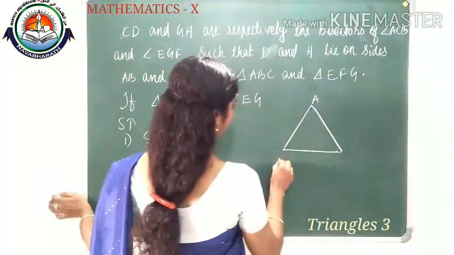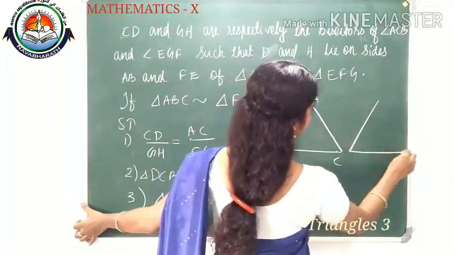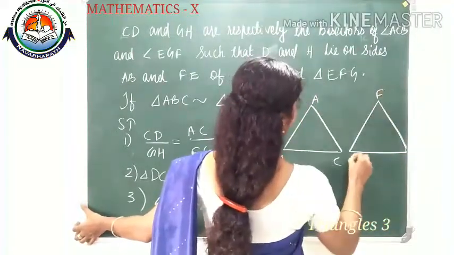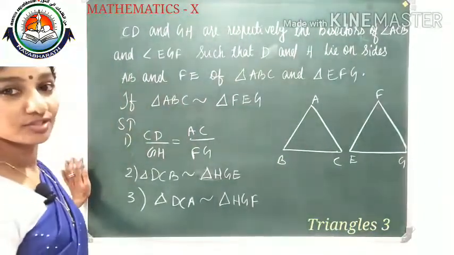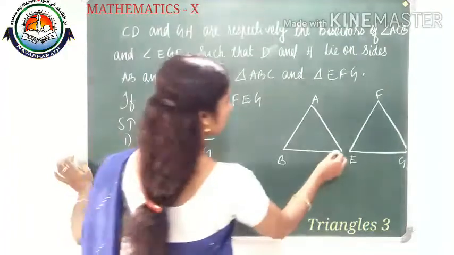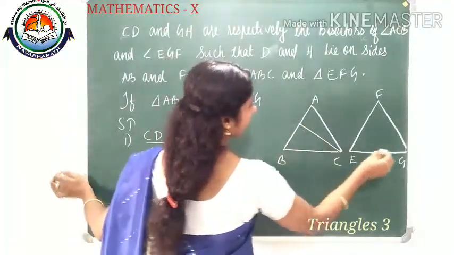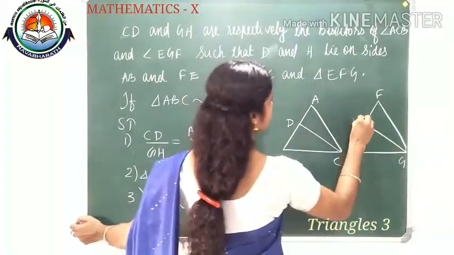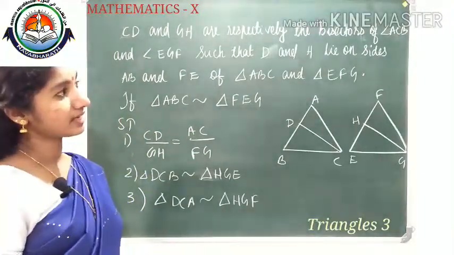This is ABC, another triangle, similar triangle it is. This is FEG. And read that question once more. CD and GH. So draw CD and GH. This is CD, this is GH. They are the angle bisectors of angle ACB.